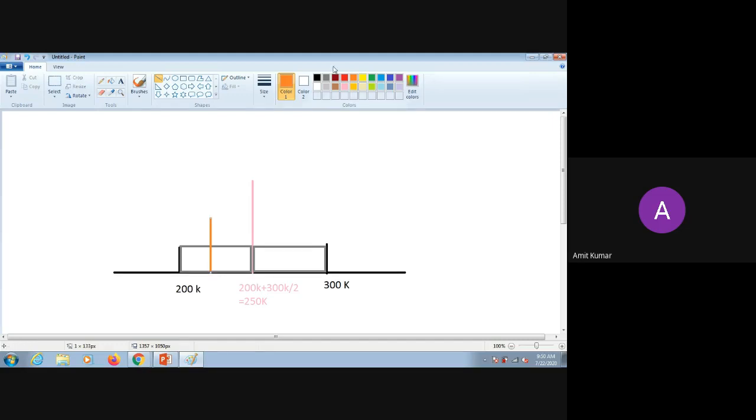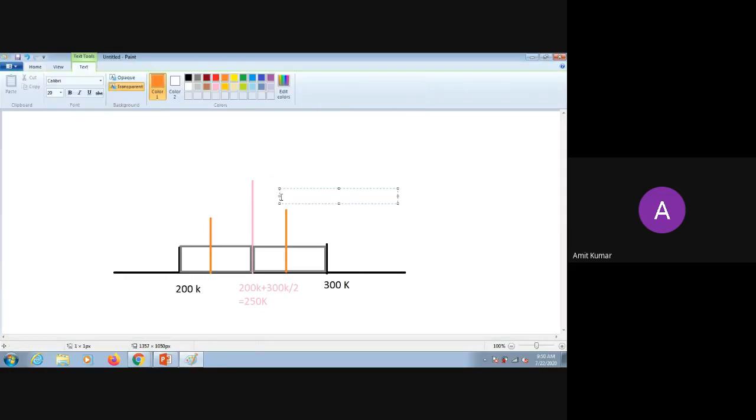Because you want to calculate delta F, I am showing how delta F is calculated. This is your second frequency component. It will also be at the center of these two points. So this can be calculated as 250 plus 300 divided by 2.